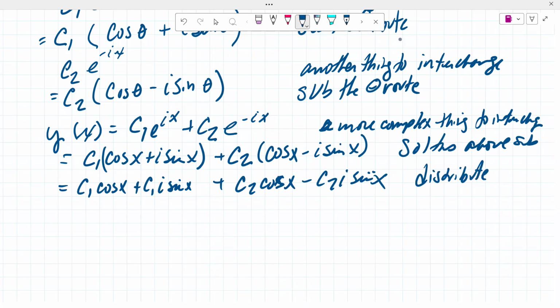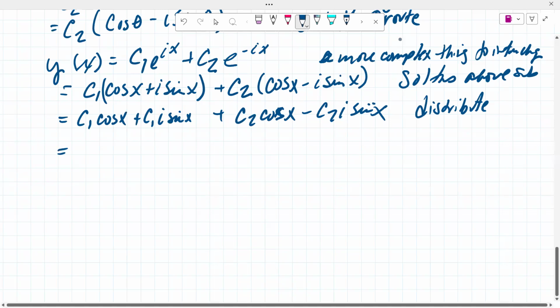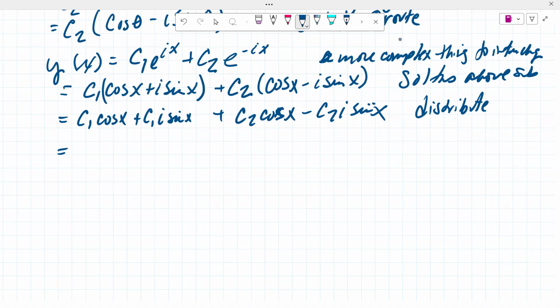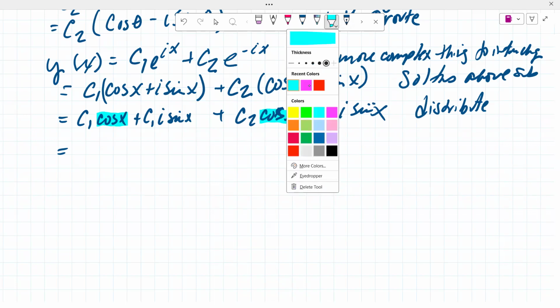The next thing we do is rearrange the terms. Let's take a little note here and do some color coding. Actually, I think I'll use the highlighter for this. What we want to do is group together the cosine terms. Here's a cosine term here, and here's a cosine term here. Now let's change the color of the highlighter and let's do a pink one.